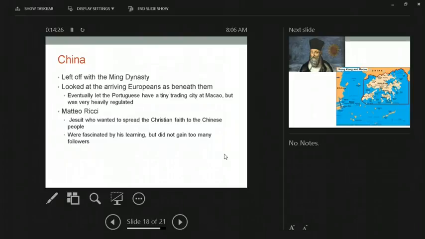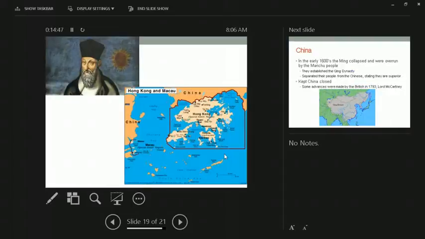And this Jesuit Christian named Matteo Ricci went and was trying to convert as many Chinese to Christianity as he could, but it didn't go well. People were fascinated by his learning, but actually didn't really want to convert. This is just a picture of Matteo Ricci, and also the small little ports that China allowed Portugal and then eventually Great Britain to have.